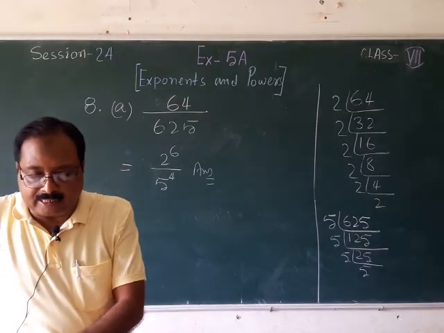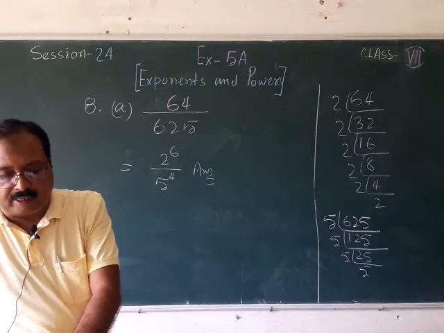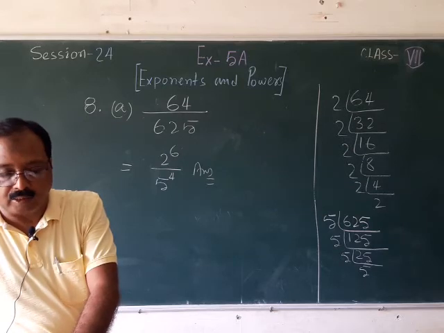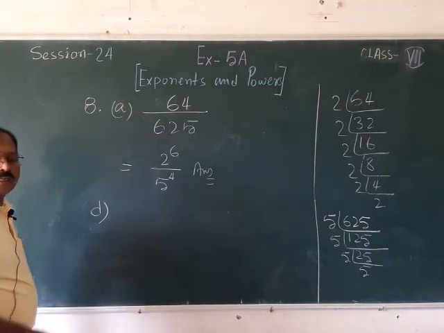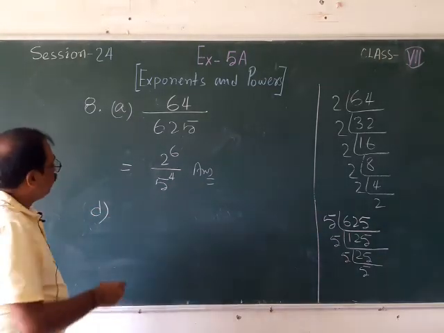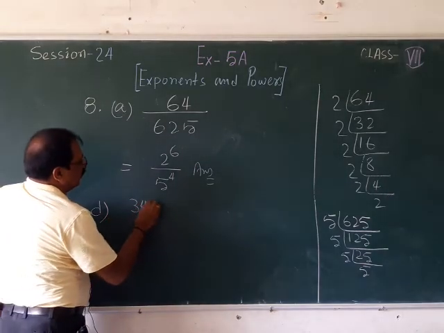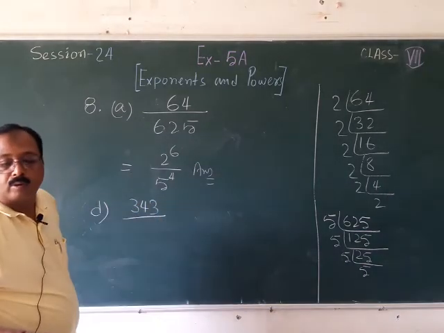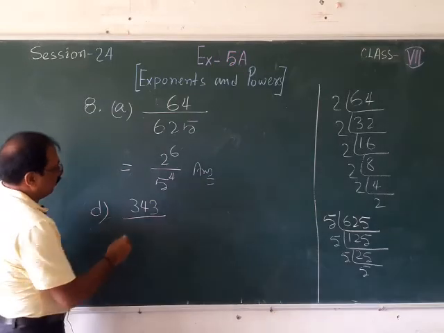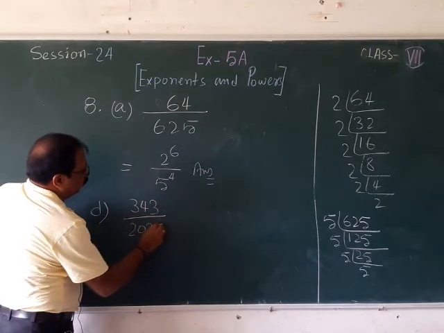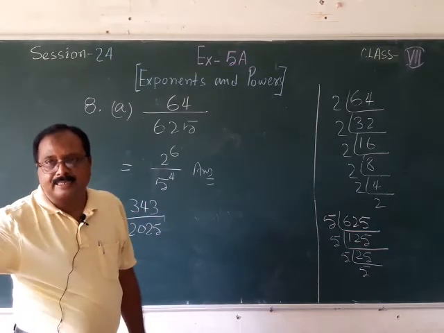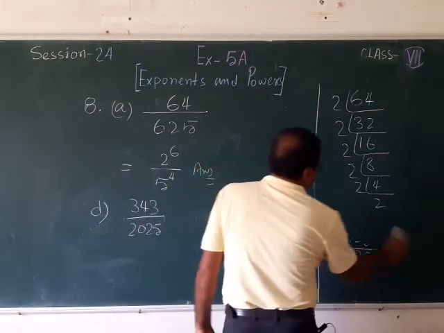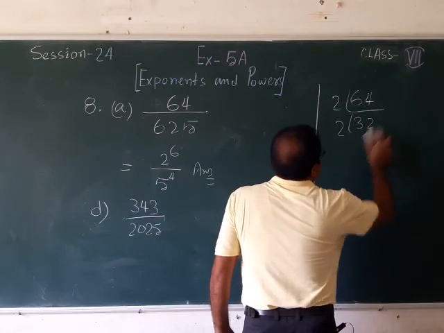Now, after 8a, one more question I am taking, 8d. So in 8d what is there? 343 upon 2025. Now, at first on the rough side you need to factorize this number. So once again I am going to factorize it.